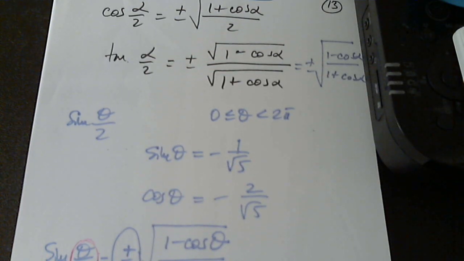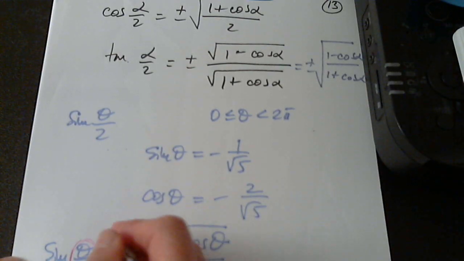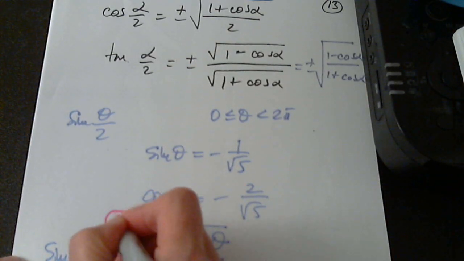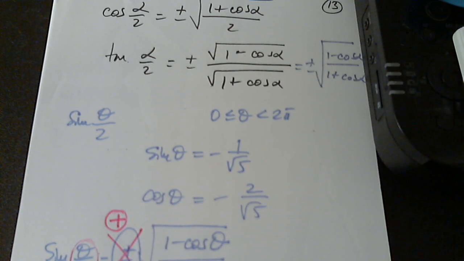But which quadrant is this? Can anyone tell us which quadrant is between pi over 2 and 3 pi over 4? The second. Yes. Because it is in the second, I can only use positive, because sine in the second quadrant is positive.